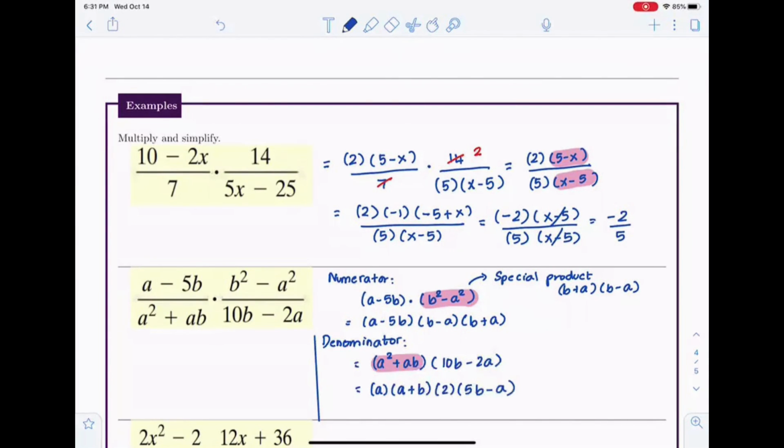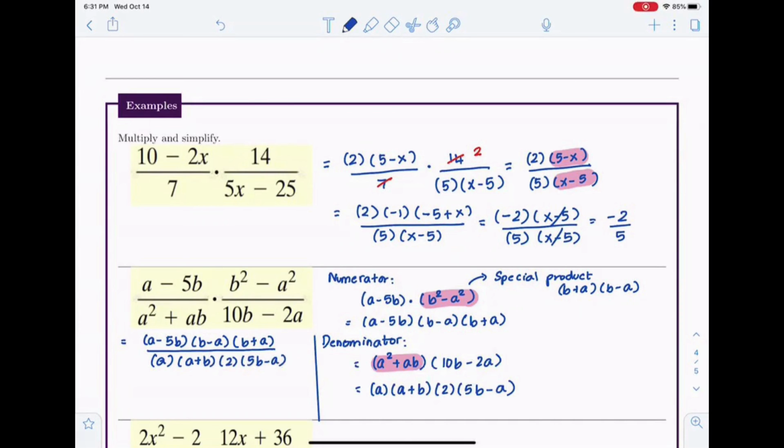So we have a minus 5b multiplied by b minus a multiplied by b plus a, divided by a times a plus b times 2 times 5b minus a.